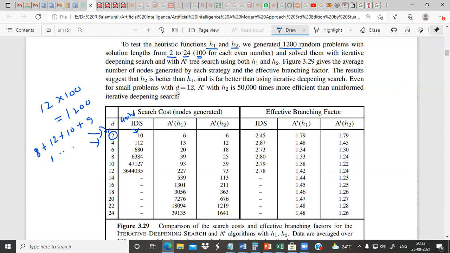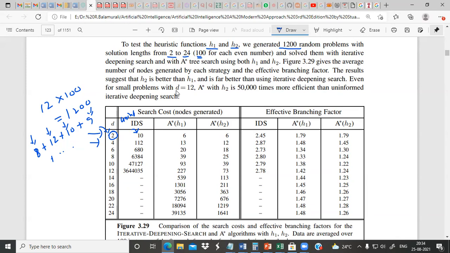First problem, say it has generated 8 nodes to reach the goal state. Second problem, 12 nodes. Third problem, 10 nodes. Fourth problem, 9 nodes. So these are nodes generated. Then for each of the 100 problems, take the average of that. So we got this 10. Is that clear? So that is with IDS.